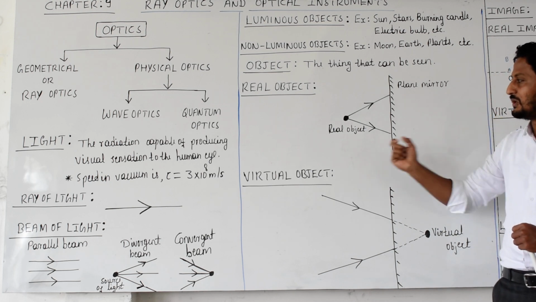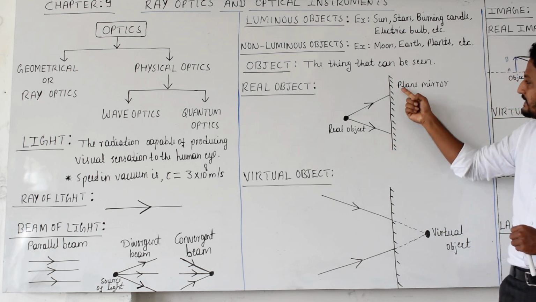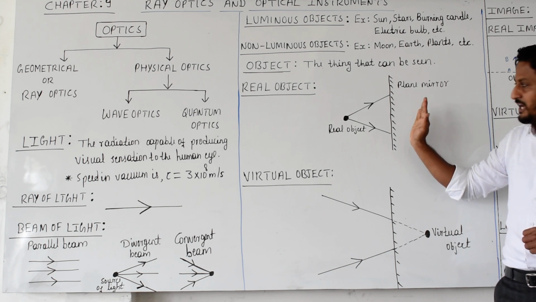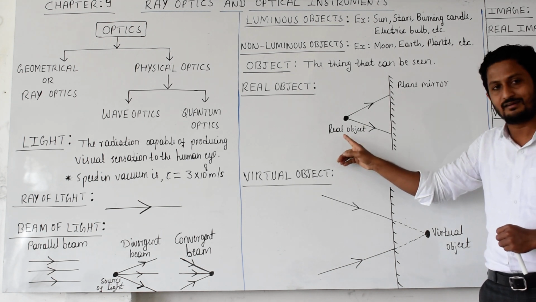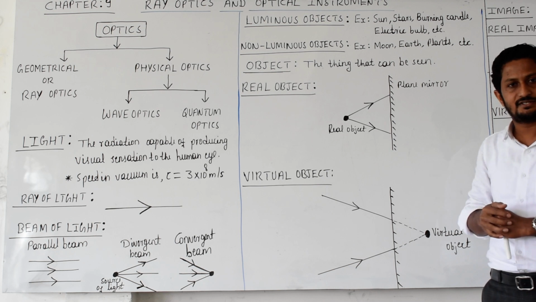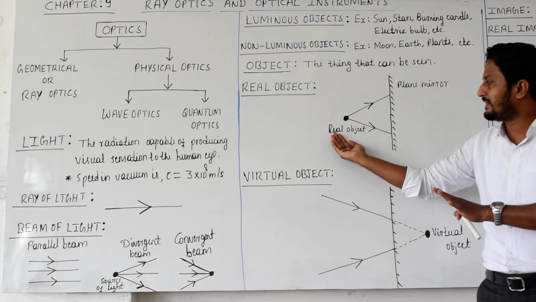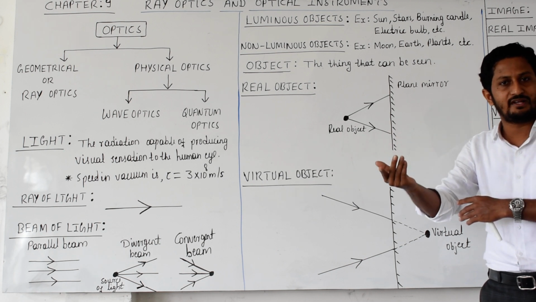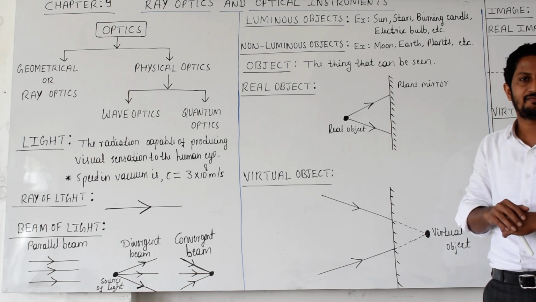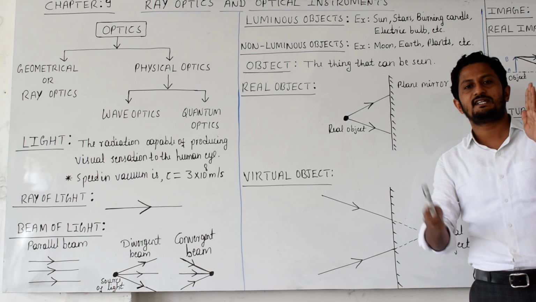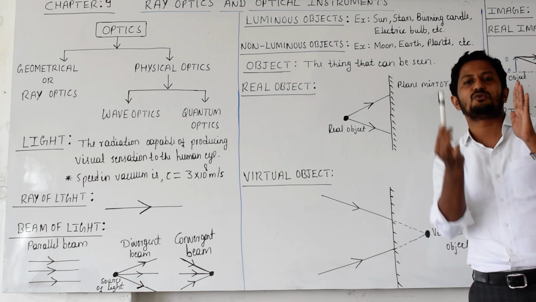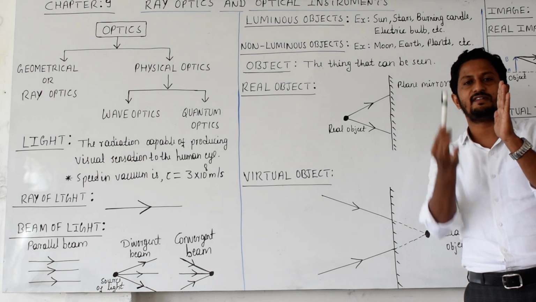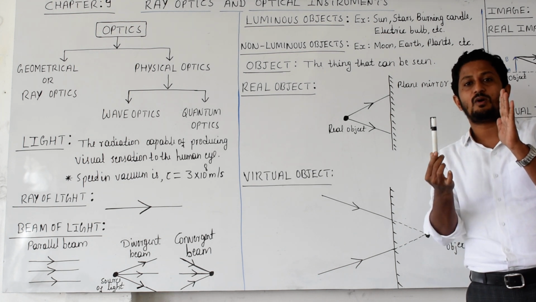See here, look at this diagram. Here there is a plane mirror, held like this. In front of that plane mirror, there is an object. Later we will see whether it is real or virtual, when we call it real and when we call it virtual. Imagine the mirror is here, and in front of that mirror you are standing. What happens here?